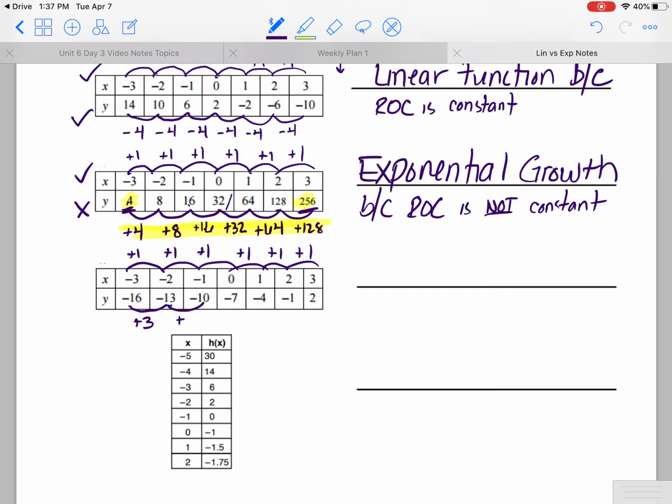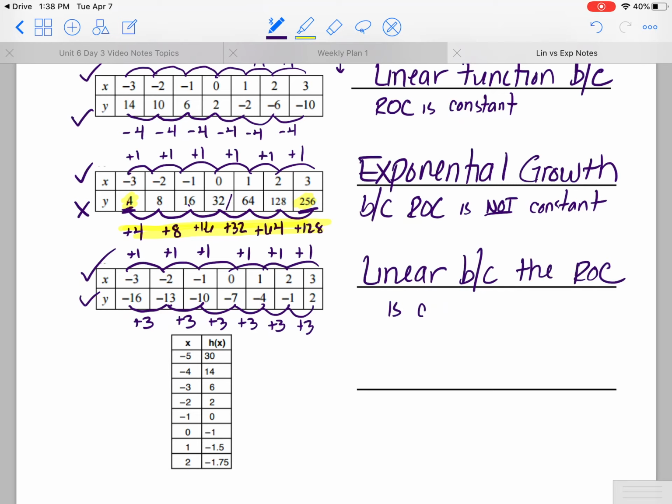Now this one, adding 3. -1 to 2 is also 3. Because they're both consistent, this one is linear, and it's because the rate of change is constant.